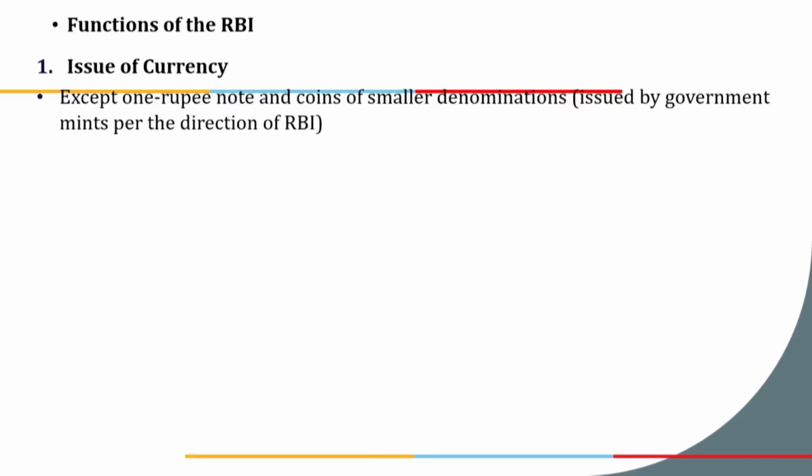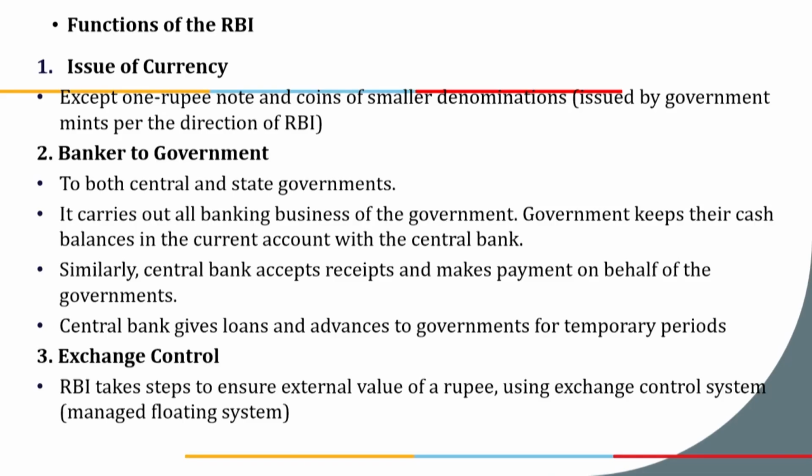The functions of the RBI: one is the issue of currency, except the 1 rupee note and coins of smaller denomination, which are issued by the government. The rest of the major currencies are issued by the Reserve Bank of India. It acts as a banker to the government, both central and state government.